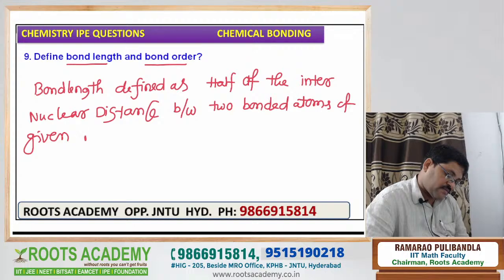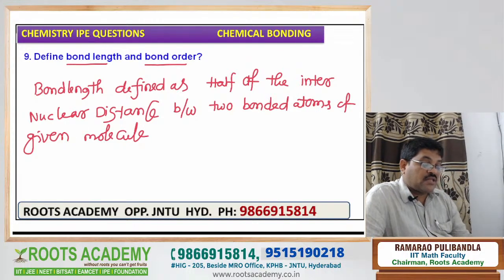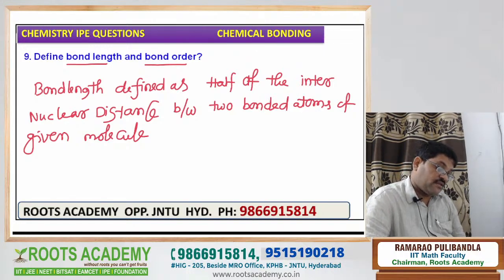Read the statement. How do we define bond length, students? Half of the internuclear distance between 2 bonded atoms of the given molecule.